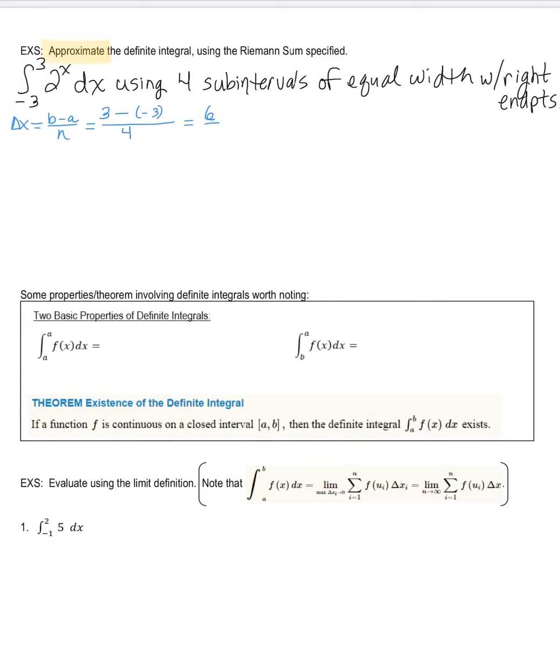So we end up with 6/4 or 3/2 or 1 1/2. So remember, this is our common width that is going to be out in front here, and then times the f of, and now using right endpoints. So the function f of x is 2 to the x. So 2 to the, all right, so with right endpoints, remember, you're going to start one width in.